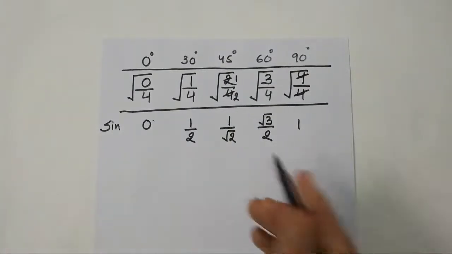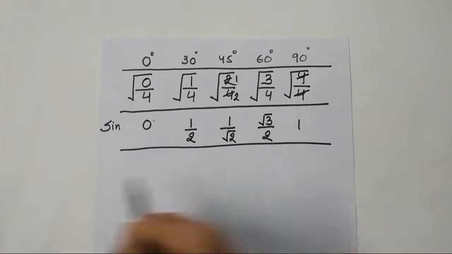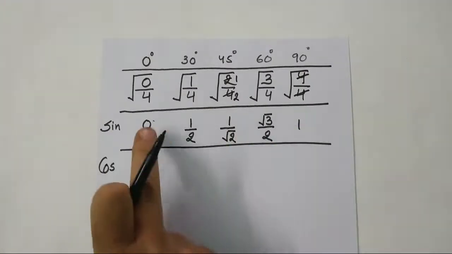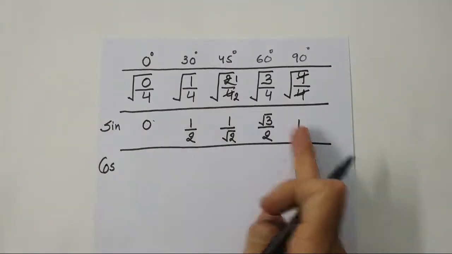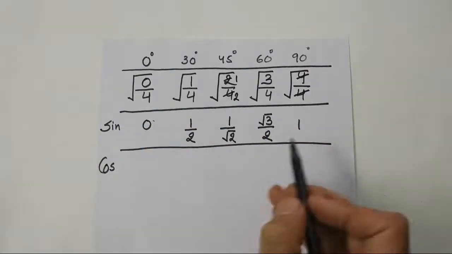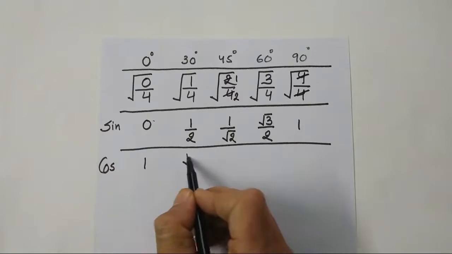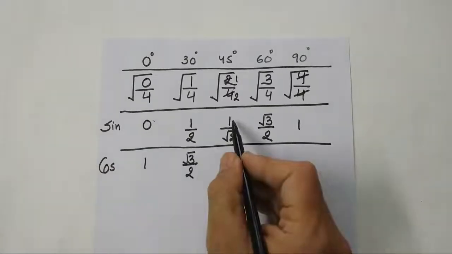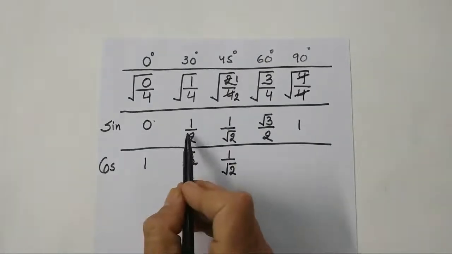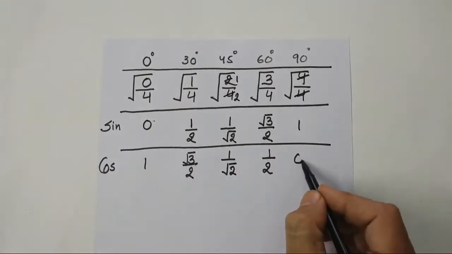Now you have to write down the value of the other ratios. Next comes cos. For cos, you have to reverse these numbers from left to right. So 1 will come here, root 3 by 2 will come here, the center number remains 1 upon root 2, half will come on this side, and 0 will come here.